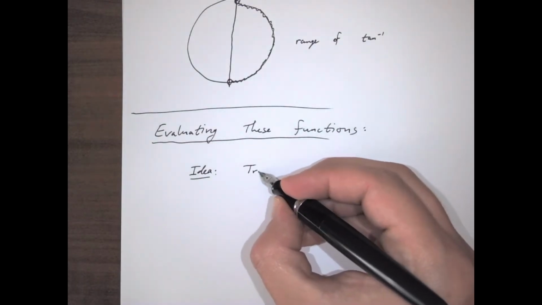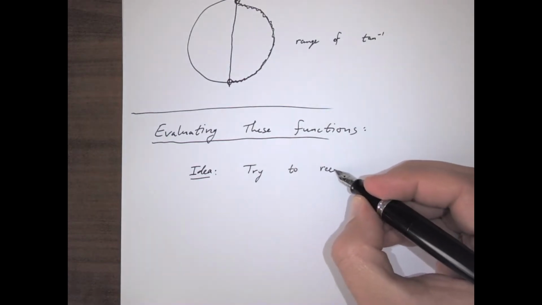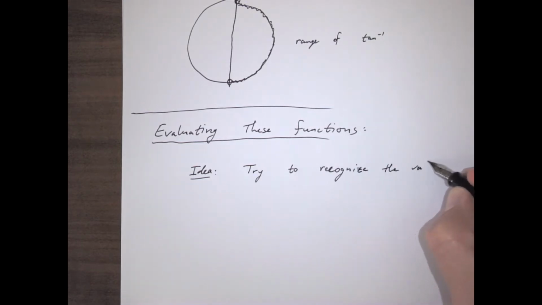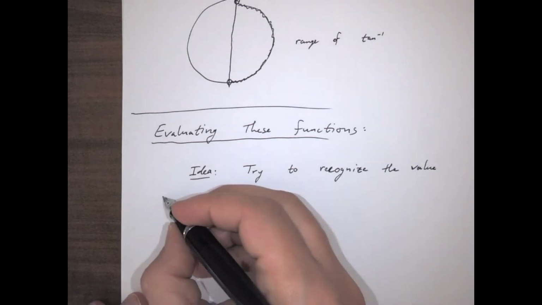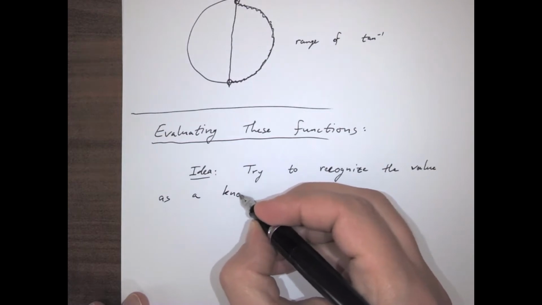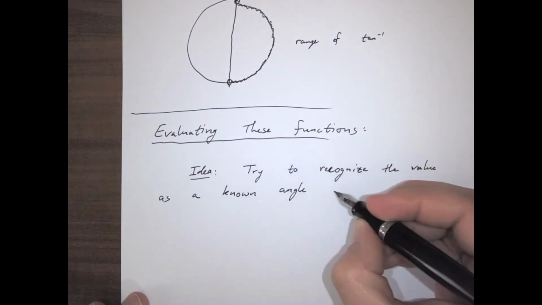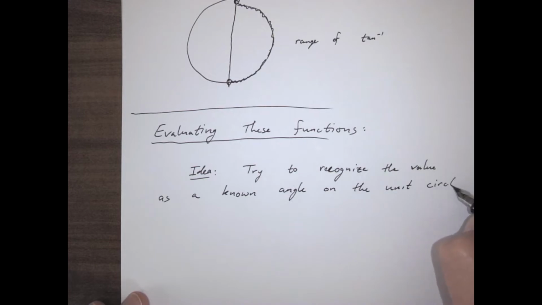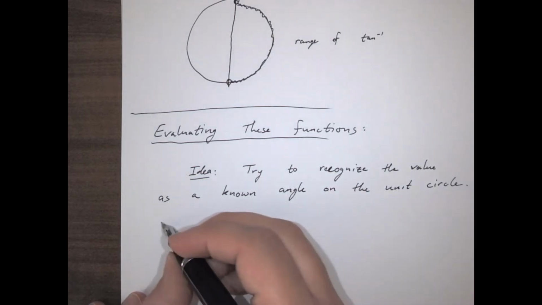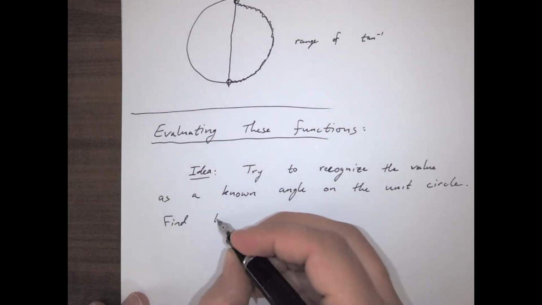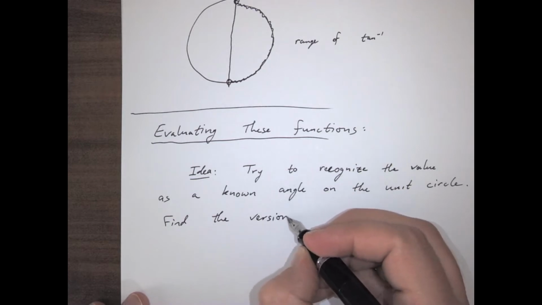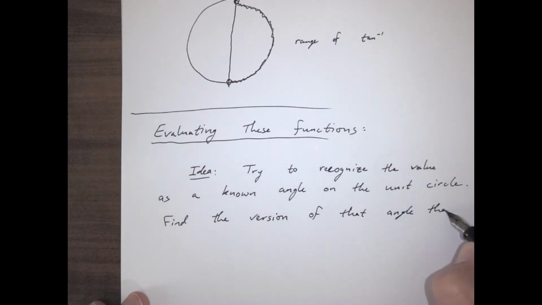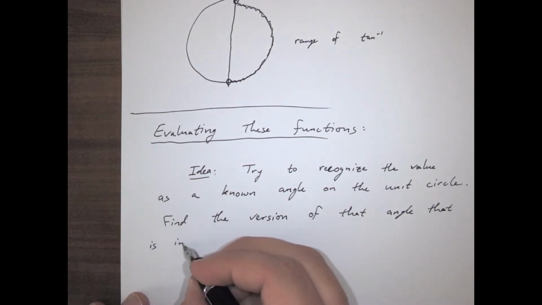So try to recognize the value as a known angle on the unit circle, and then just find the version of that angle that is in the correct range.